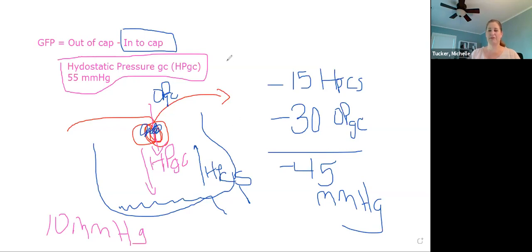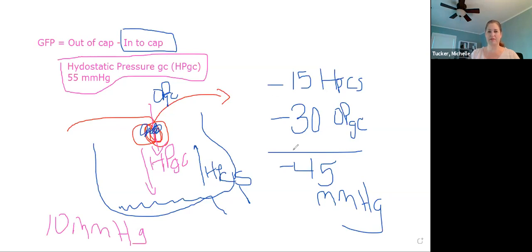So there are four values: 55 millimeters of mercury, sometimes this goes up a little higher, negative 15, negative 30, and then a positive 10. You might need to match those to hydrostatic pressure at the glomerular capillaries, hydrostatic pressure at the capsular space, osmotic pressure at the glomerular capillaries, and then net filtration pressure.